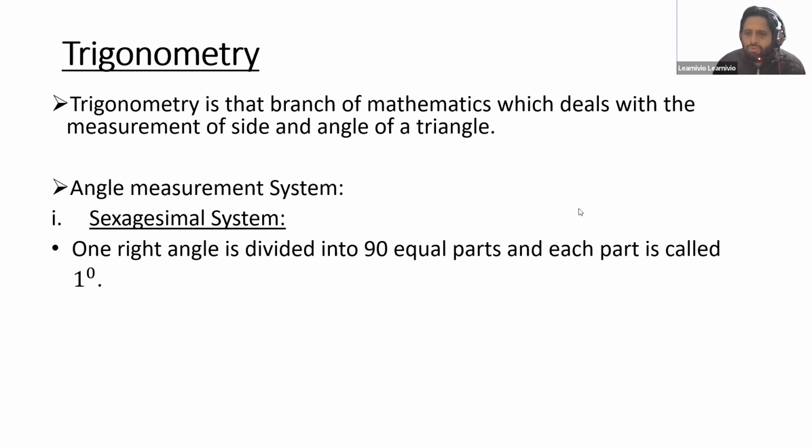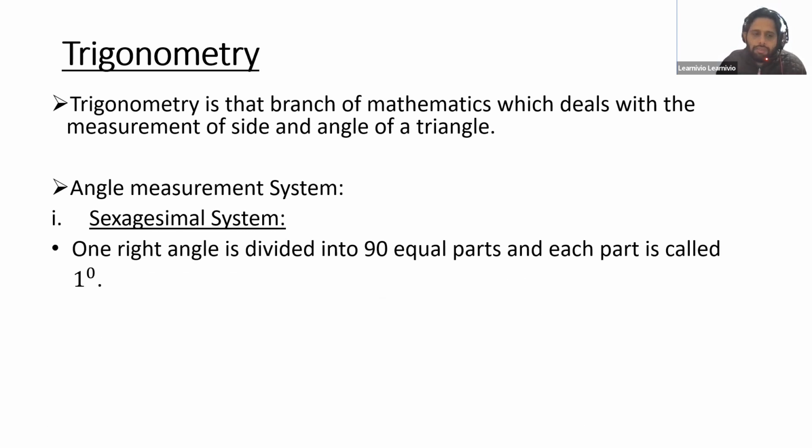There is no requirement to go into the details of degree because you are already aware of it. So what is 1 degree? One right angle is divided into 90 equal parts and each part is called 1 degree.